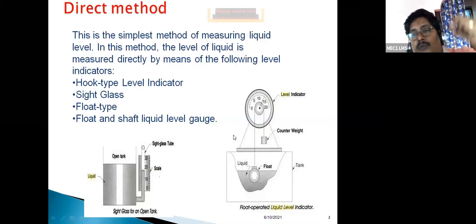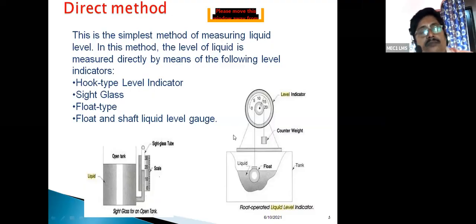We directly put the scale into the container containing the liquid whose level has to be measured. Wherever the liquid wets the scale, that indicates the height of the liquid in the tank. That is the direct method.